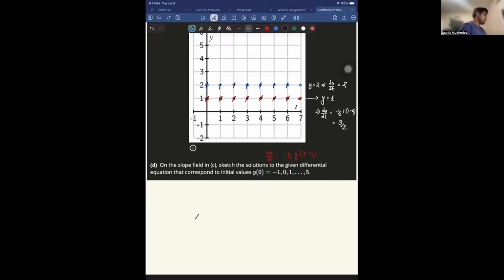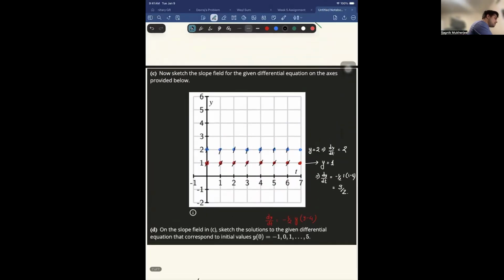I encourage you to solve these things, but what I want to show you is what happens at y equals 4. So this is y equals 4, and you can see dy/dt is 0, right? That means what will happen?